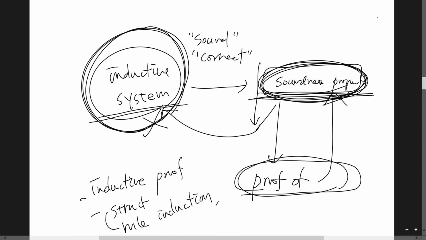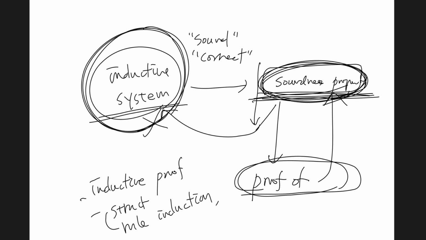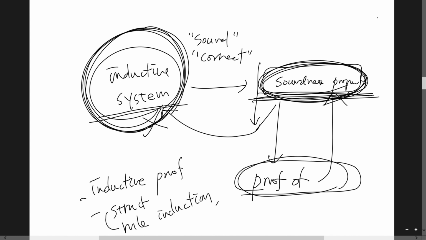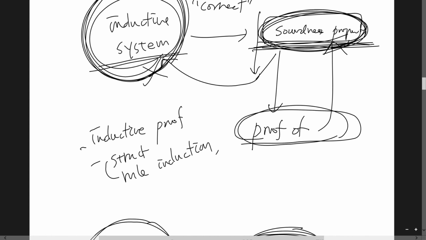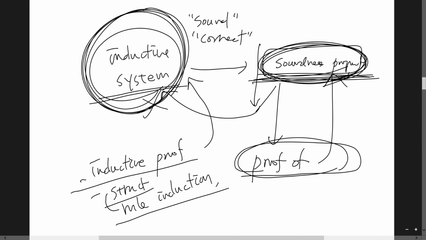Or if the soundness property is shown to be true, then you have some partial evidence that the system is correct. So in conclusion, we need this notion of inductive proofs and these techniques, structural induction and rule induction, in order to prove properties of this system or find the bugs in the definition.